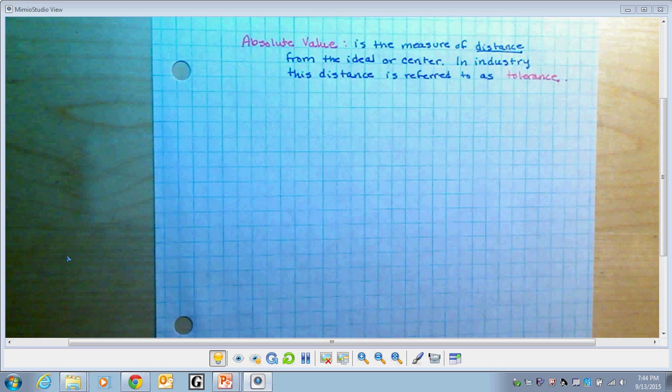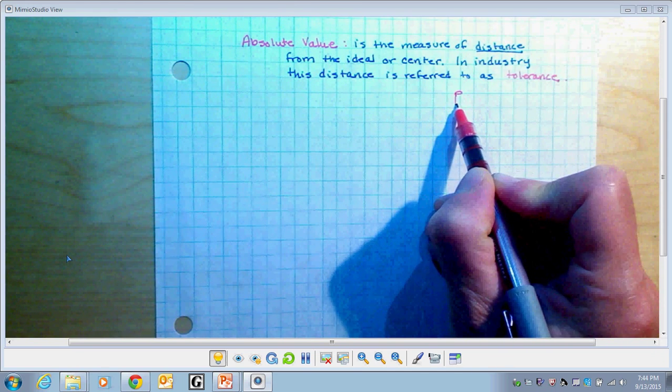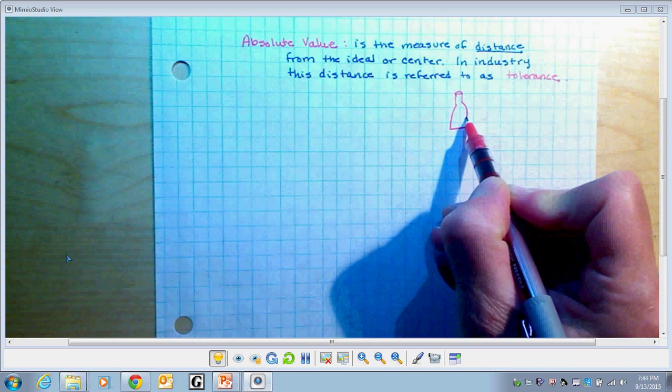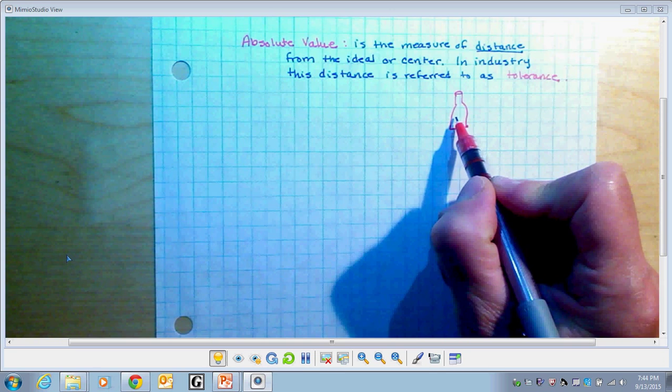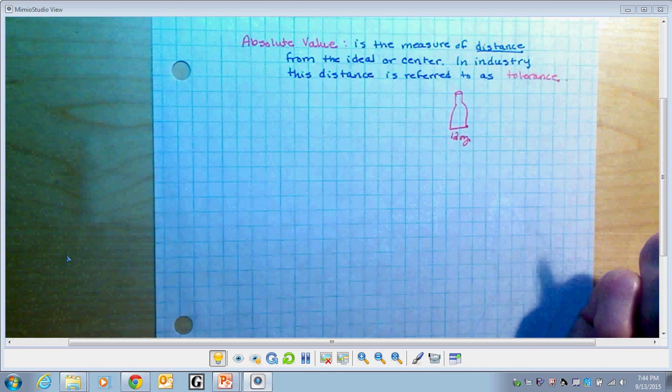So we looked at an example in the PowerPoint where we talked about manufacturing, and we had a bottle of salad dressing. And the ideal volume was 12 ounces.